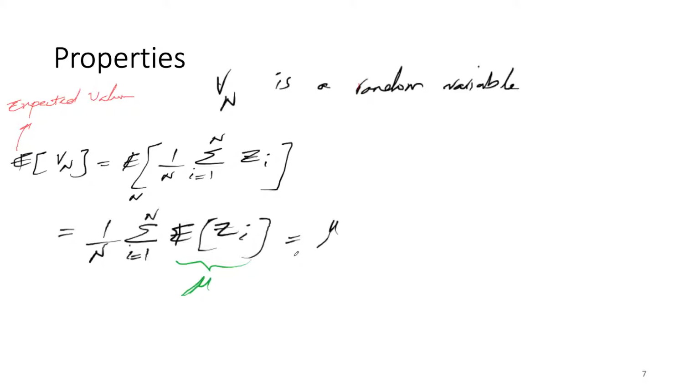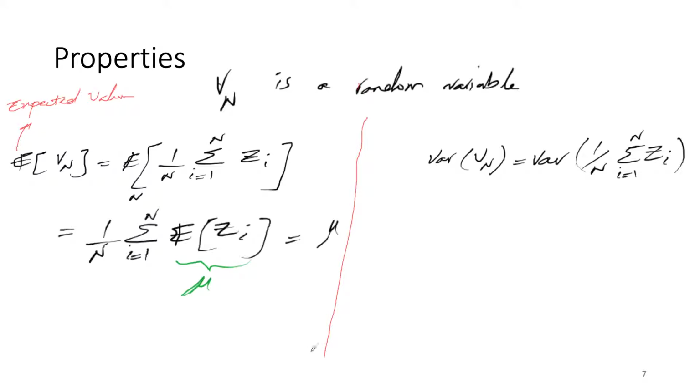Likewise, for a random variable, we can define the variance. So the var of Vn on the other side. So this is the mean. This is the variance. Would be the variance of n draws, 1 over n summation of i's from 1 to n zi.